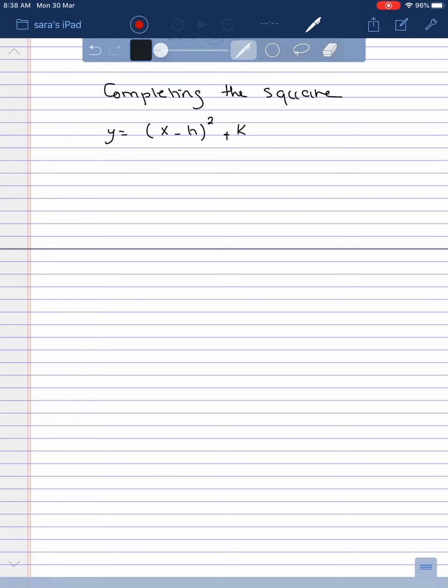When I write my quadratic function in this form, then this value of k will be my minimum or my maximum, depending on whether the coefficient of x squared, when I expand, is positive or negative. If it's positive, then a minimum will occur. If it's negative, then a maximum will occur.